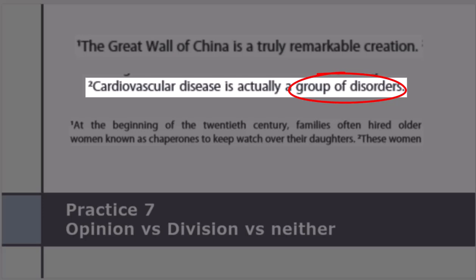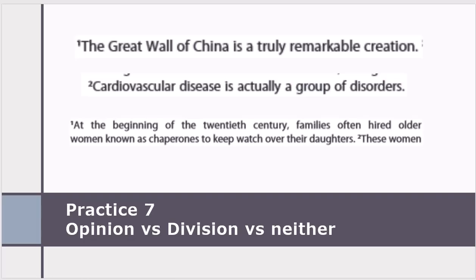And then the supporting details in this paragraph, if you go back in the textbook and reread it, describe the different disorders. Disorder 1, disorder 2, disorder 3. So there we have two examples of opinion and division. Paragraph number 2 being that of opinion, and paragraph number 4 being that of division.